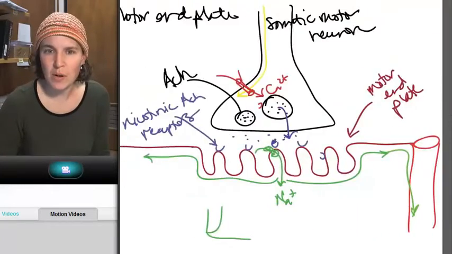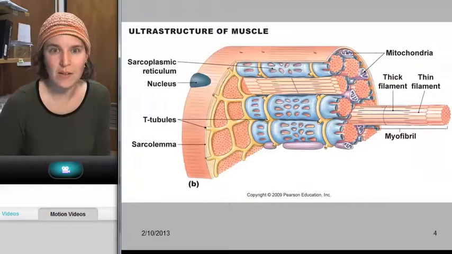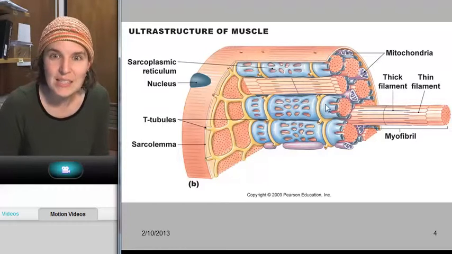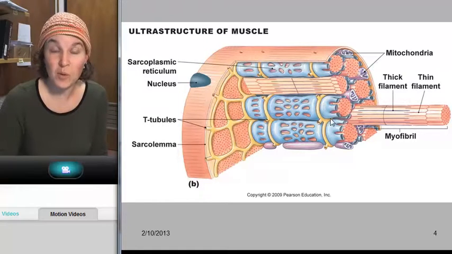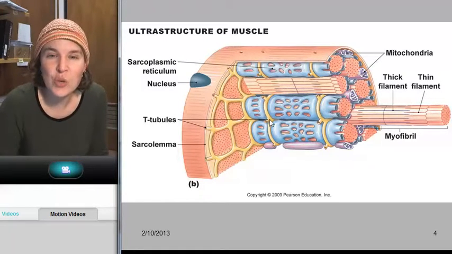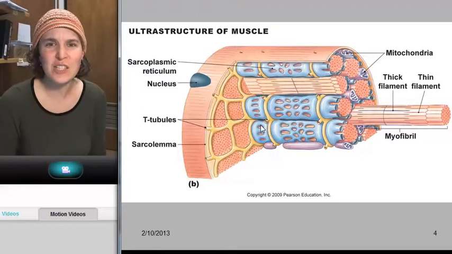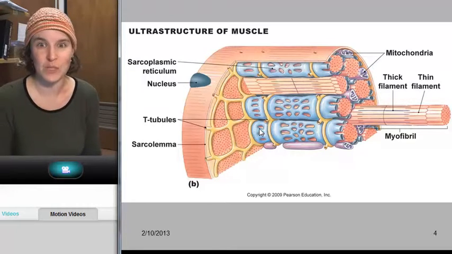Remember, we're storing tons and tons of calcium inside this sarcoplasmic reticulum. It's in there hanging out. So here comes a T tubule, and basically the T tubule is just a delivery system for this action potential.